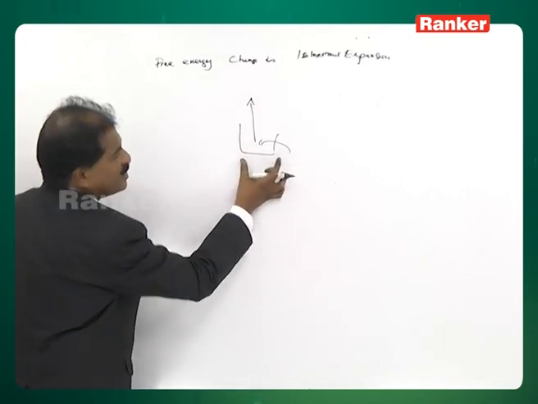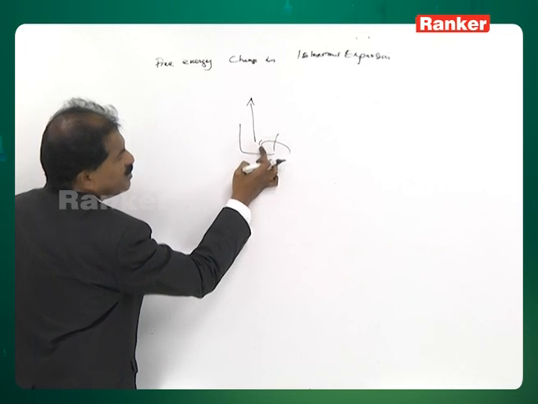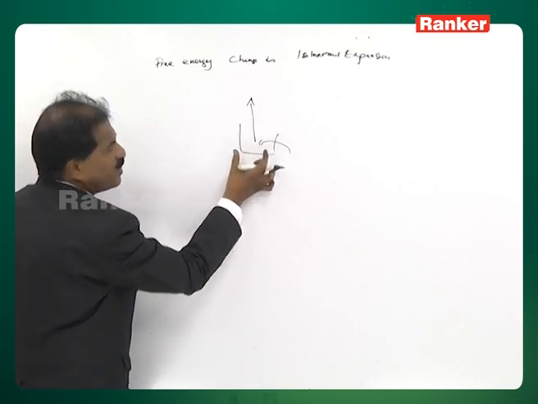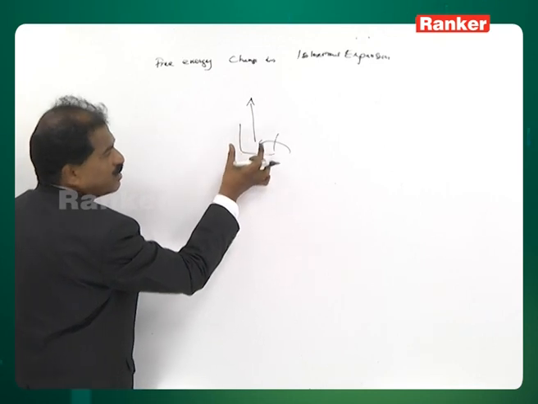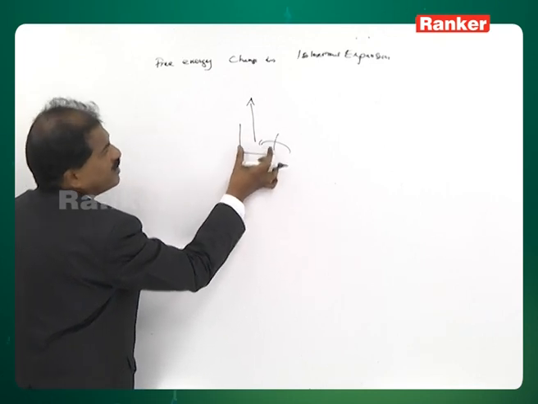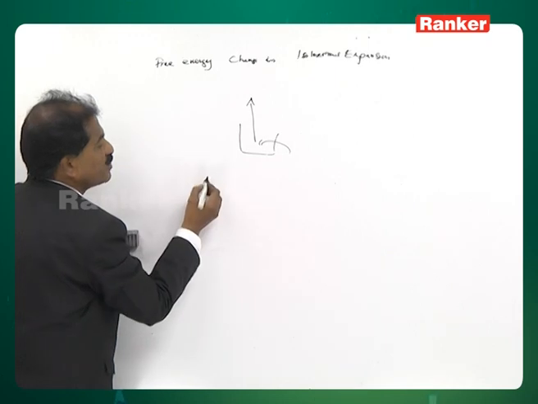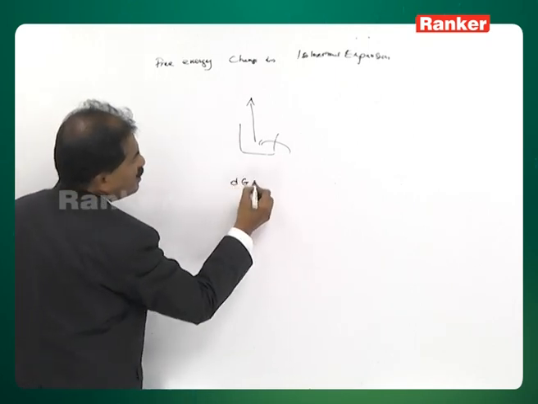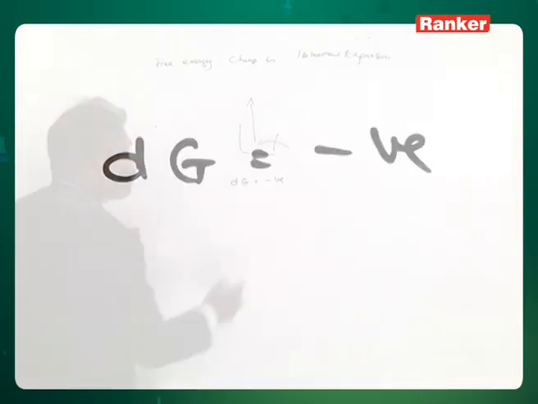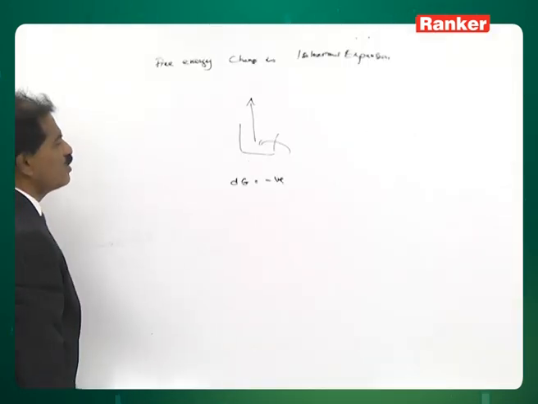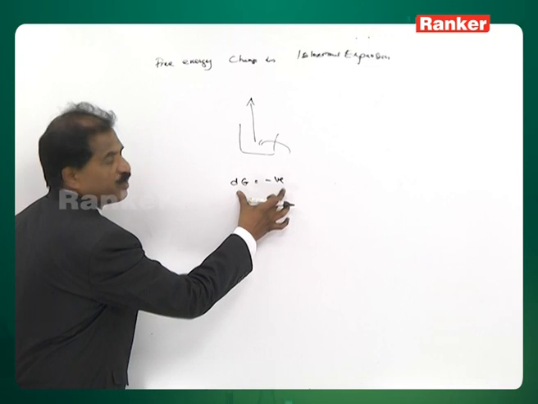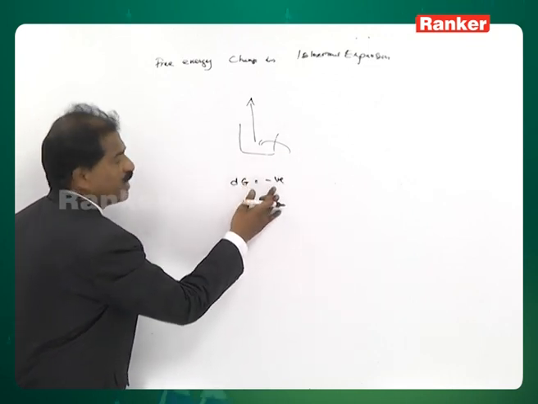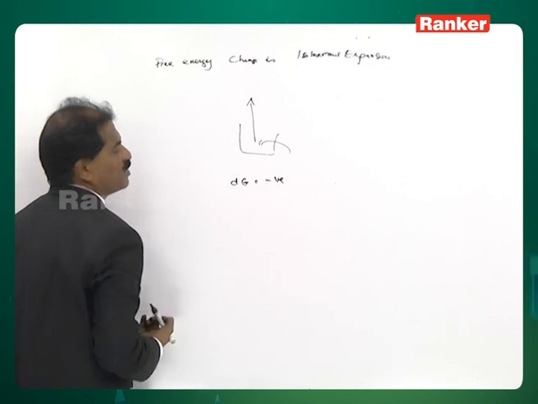So at constant temperature, when energy is continuously absorbed, expansion of the gas takes place. Therefore, we can say that expansion is naturally taking place. During the isothermal expansion, del G is always negative. Whenever del G is negative, that process is always spontaneous. Because of absorption of energy, the gas will definitely undergo expansion. Hence, del G is negative.